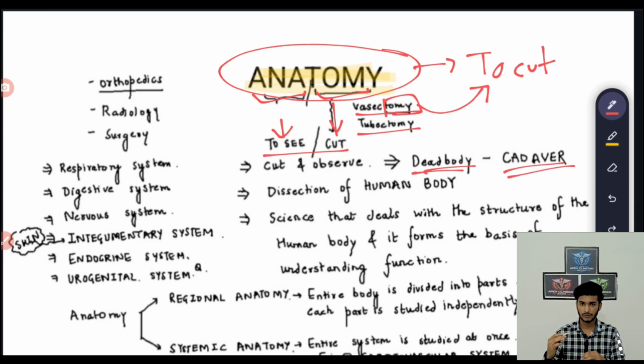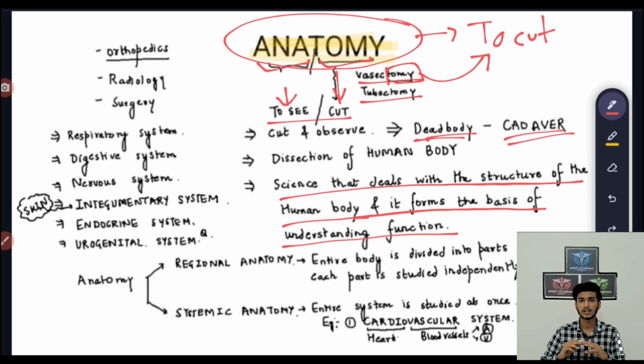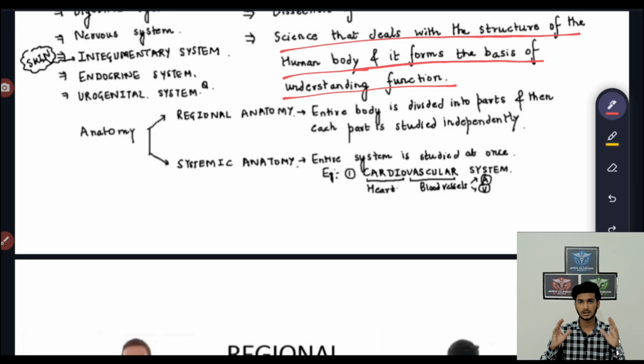Anatomy is also referred to as the science that deals with the structure of the human body and its form on the basis of understanding function. So basically the definition tells us about the structures and forms that are present inside the body collectively. This subject, cadaveric anatomy, which is gross anatomy, can be divided into two parts.